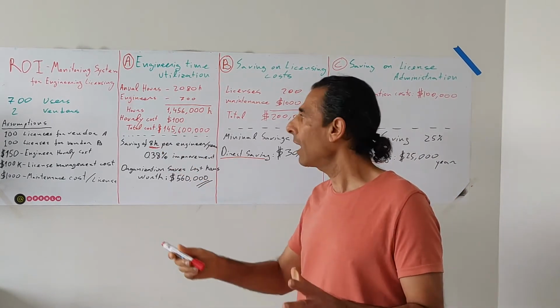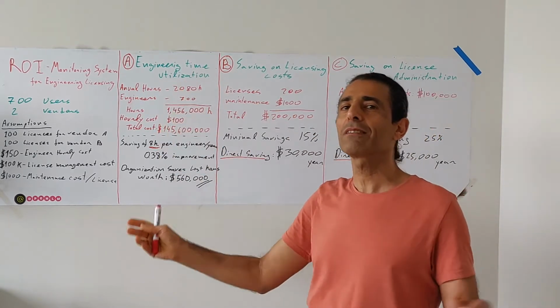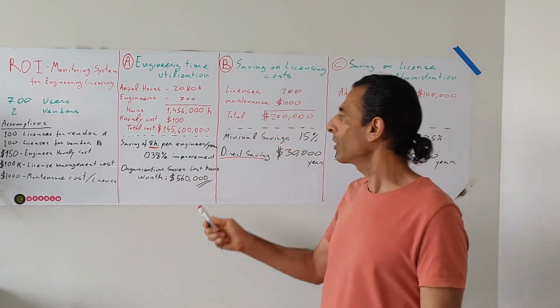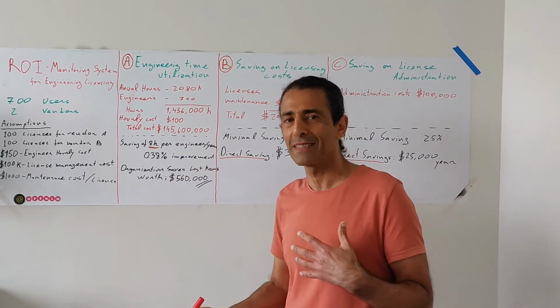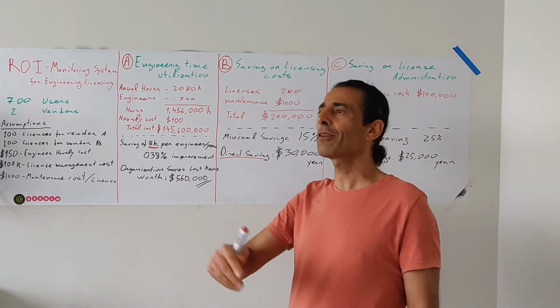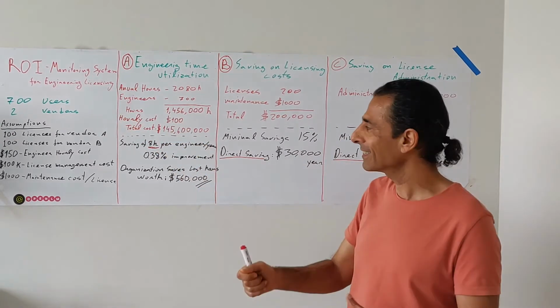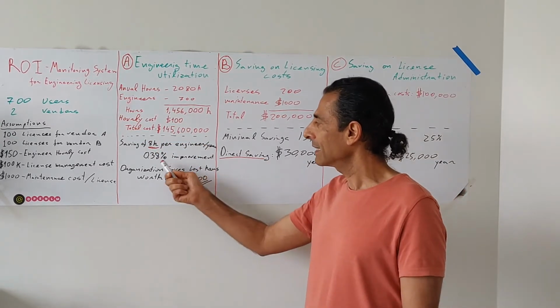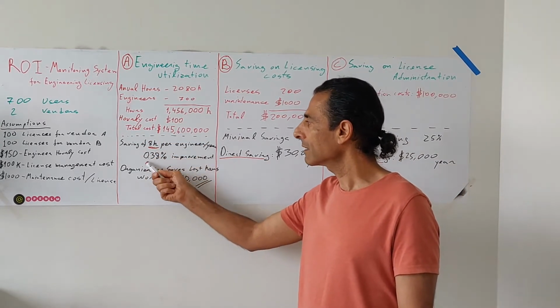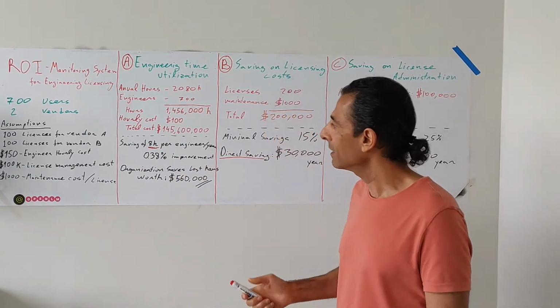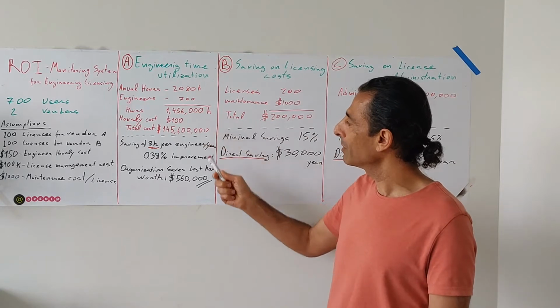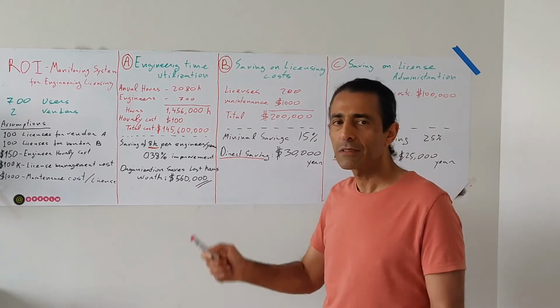Out of the total, all the cases accumulated to 8 hours of better utilization. So instead of going through the aisle to look for the license, you have it. And that's less than 0.5%. And if you do the math, you get this number.